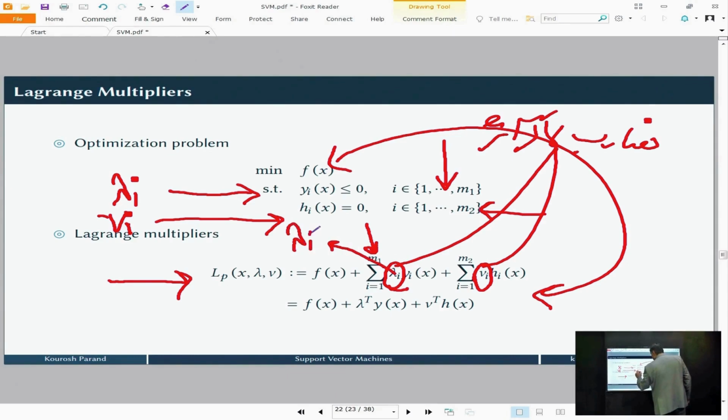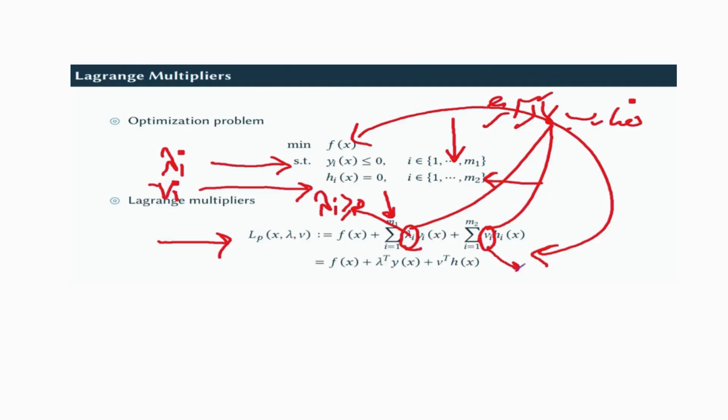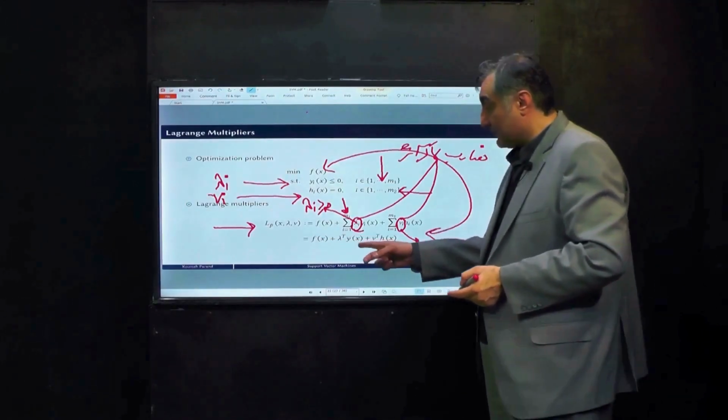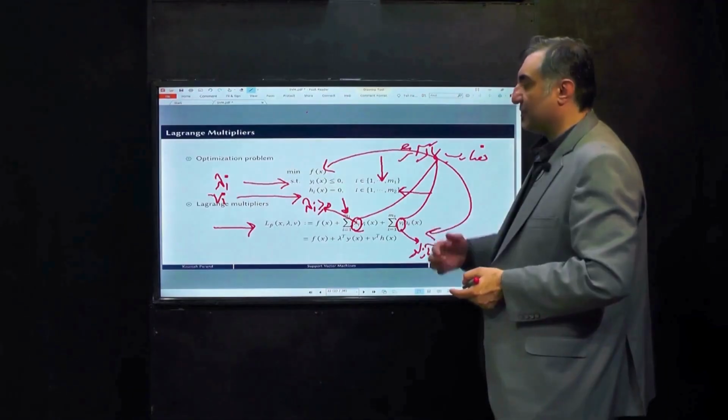For the reasons we've discussed before, and because this is an optimization problem where we're trying to minimize, what should these lambda i's be? Should they be positive? And your v_i's can be free, without any constraints, meaning they can be either positive or negative. It doesn't matter. So f(x) is in the form of lambda transpose times g plus v transpose times h.